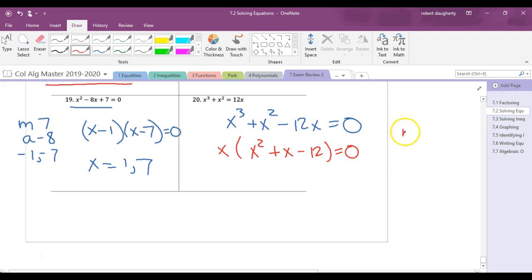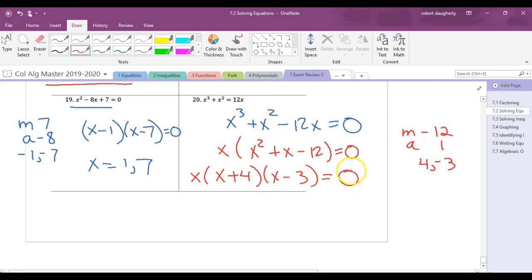It's asking me to look for two numbers that multiply to -12 and add to 1. So it looks like a 4 and a -3 would do that. So this is x plus 4, x minus 3 equals 0. Set each of those equal to 0. x is 0, minus 4, or positive 3.